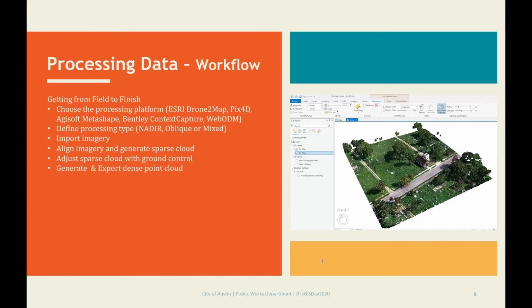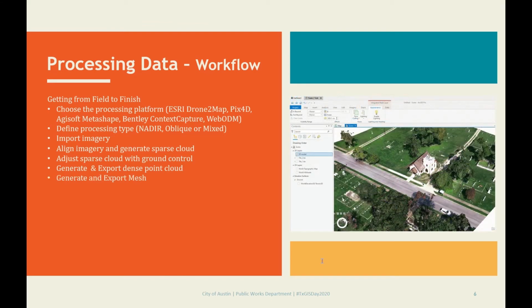Depending on the platform, the dense point cloud can be generated in an industry standard format such as LAS, or other custom formats. The next thing, you can export a mesh, which is pretty much a 3D object generated from the point cloud. So using the dense point cloud, we generate a mesh product in a format that can be used in multiple platforms for visualization: OBJ, SLPK, that's the scene layer package, and sometimes even KML.